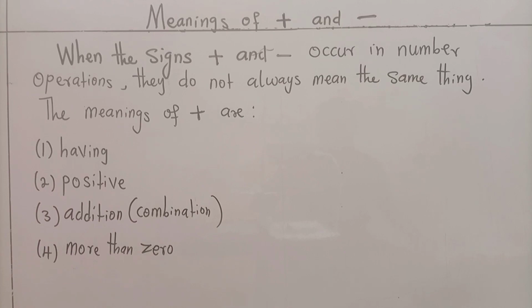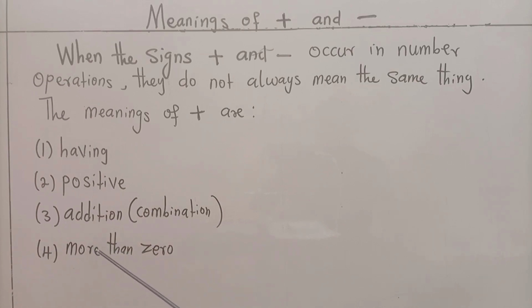By means of this section and others that depend on it, you will see different meanings of this sign and how each meaning contributes to offering answers to number operations. Therefore, these 4 are the meanings of that sign.